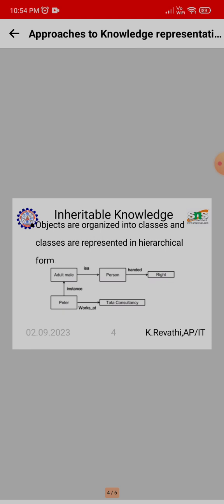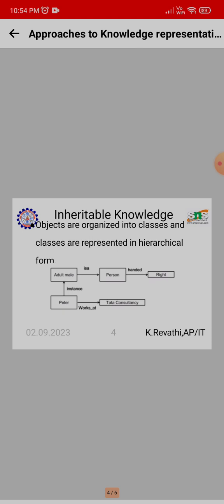Then the second one is inheritable knowledge. In the inheritable knowledge approach, all the data must be stored in a hierarchy of classes. All classes should be arranged in a generalized or hierarchical manner. This approach contains inheritable knowledge, which shows a relation between instance and class, and it is also called instance relation.